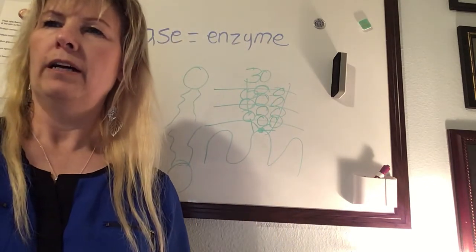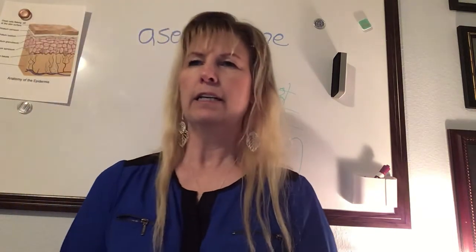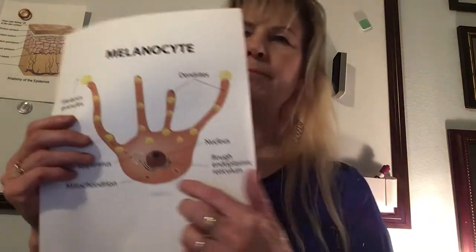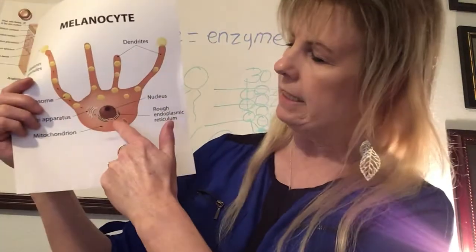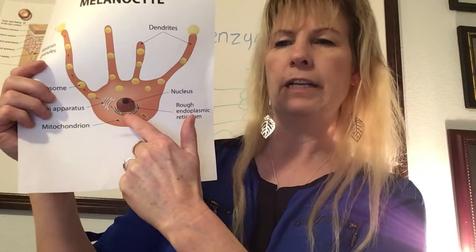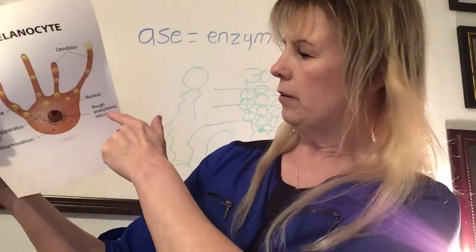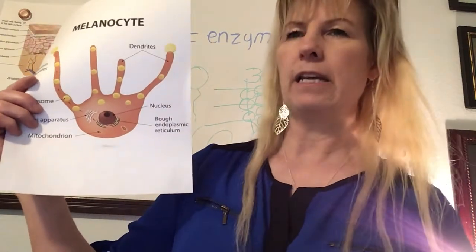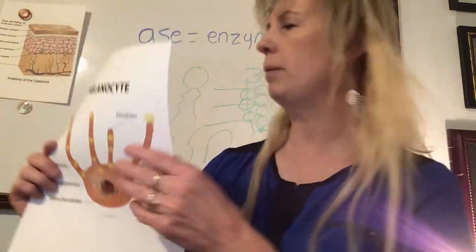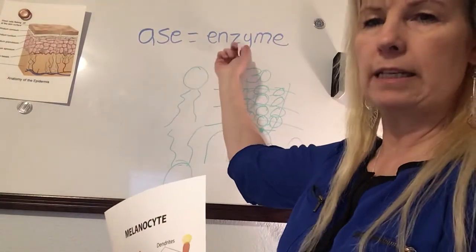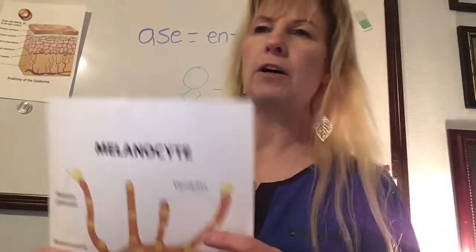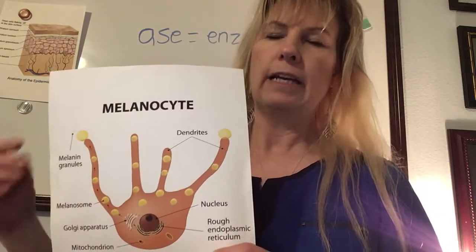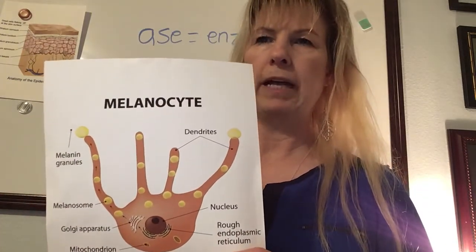So, tyrosinase. Now, this melanocyte releases an enzyme from the rough endoplasmic reticulum, called tyrosinase. Remember, the suffix -ase means enzyme. These are the enzymes that stimulate the melanocyte and help produce the melanin.